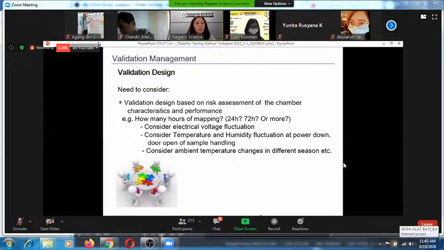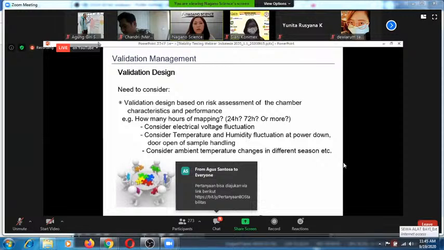For example, how many hours of mapping do we have to perform, and consider the electrical voltage fluctuation, and how the temperature and humidity will fluctuate during a power down or door opening. And consider the ambient temperature changes in different seasons. In the Indonesian case, maybe the difference between night and day has to be considered. And plan the life cycle of the chamber from installation until retirement.